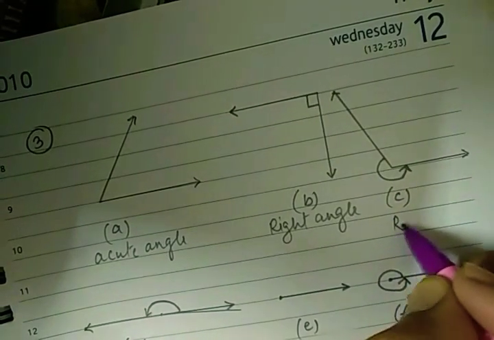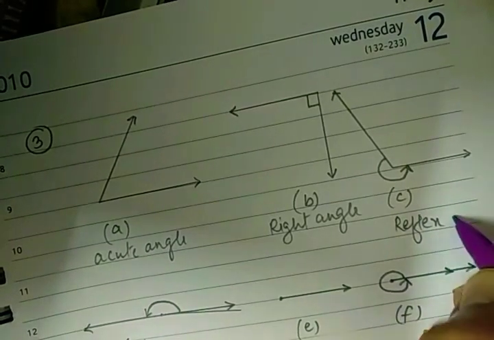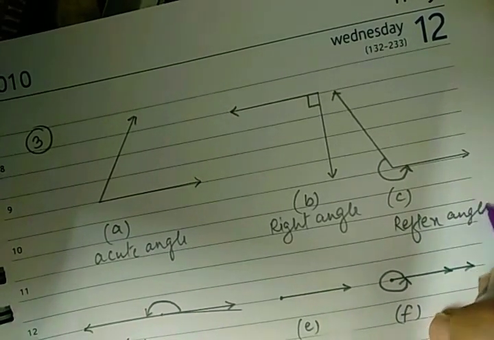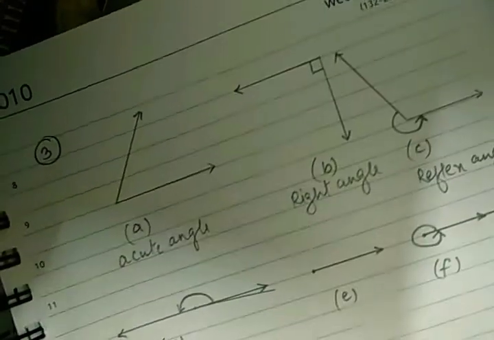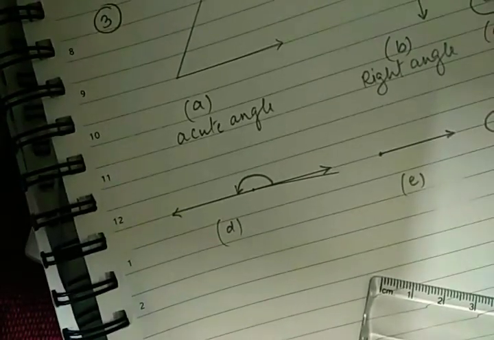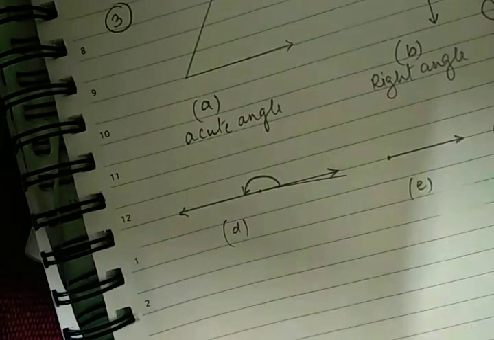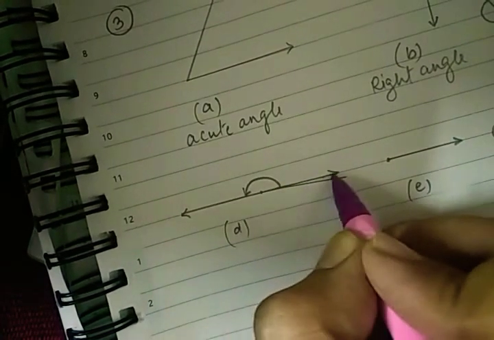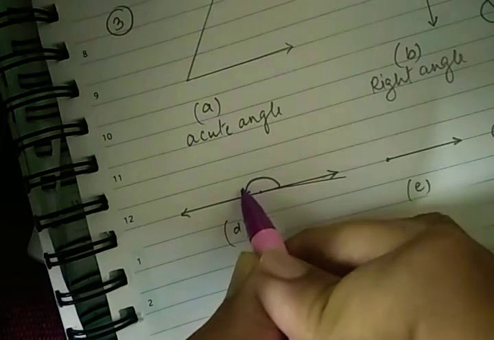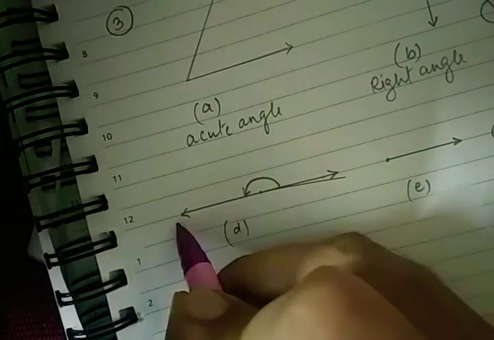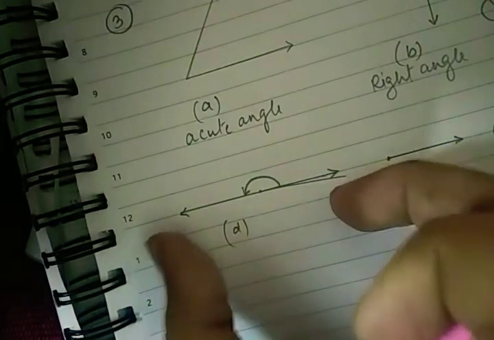Okay, so you will write here reflex angle. A reflex angle is an angle which is more than 180 degrees but less than 360 degrees. Moving to the next one, the starting ray here is 0 and it is turning exactly to the opposite ray, making a straight line.